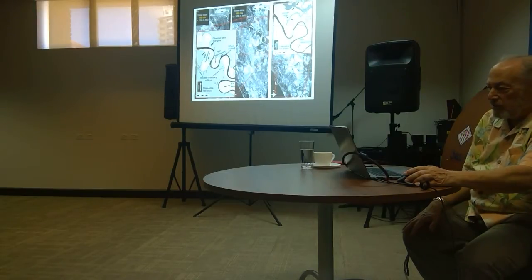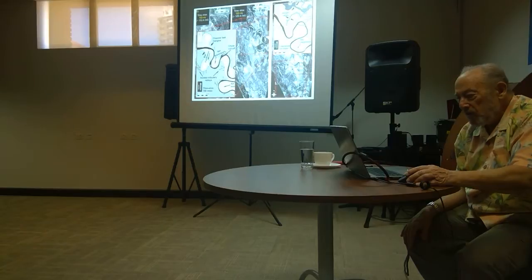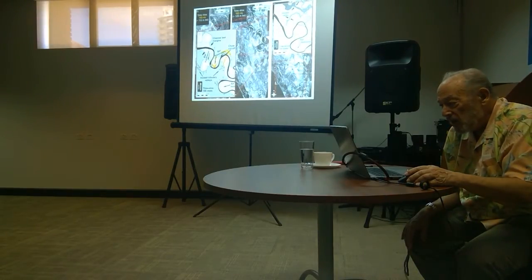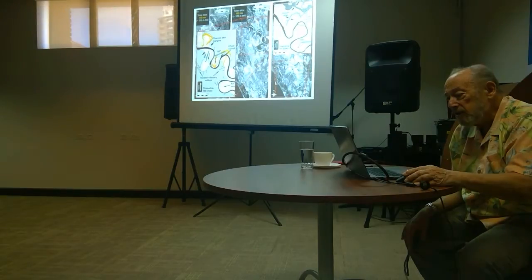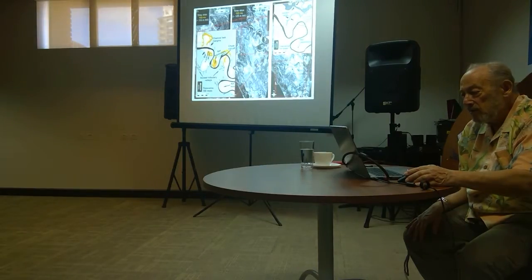But here's the interpretation, say, of this slice at 160, where you've got these point bars, lateral accretion going from north to south in this one, south to north on that one, and here's an abandoned channel going to form an oxbow lake. And so your drilling targets are going to be right here, right there, right there.